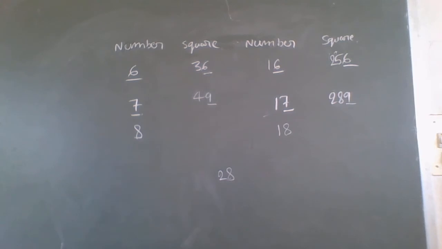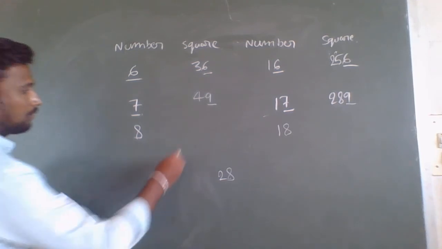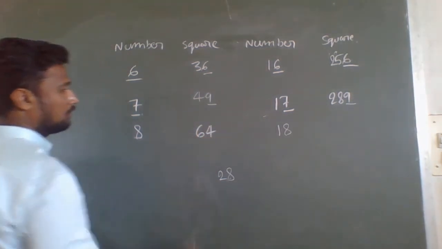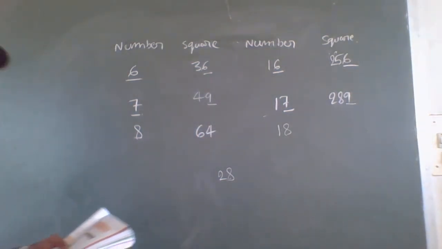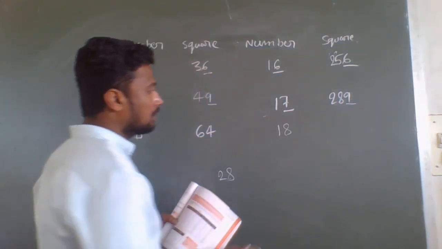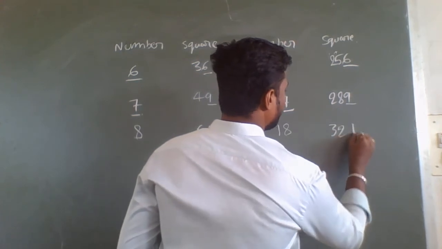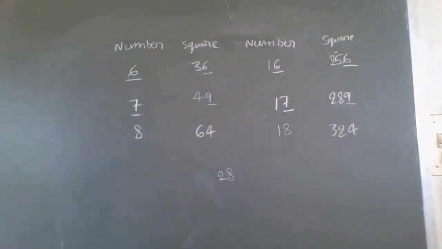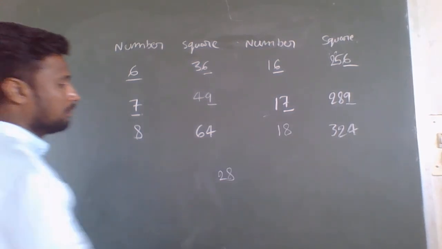Now the square of 8, what will you get? 8 into 8 means 64. Next, what I have given? 18 square means 18 into 18, what will you get? 324. And when you multiply 28 two times, 28 square, you will get 784.